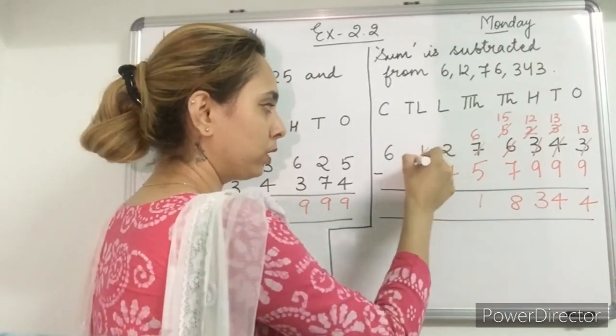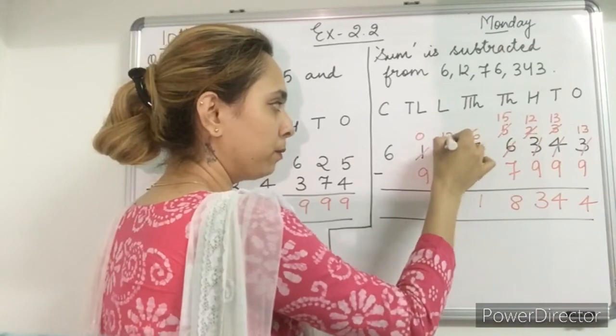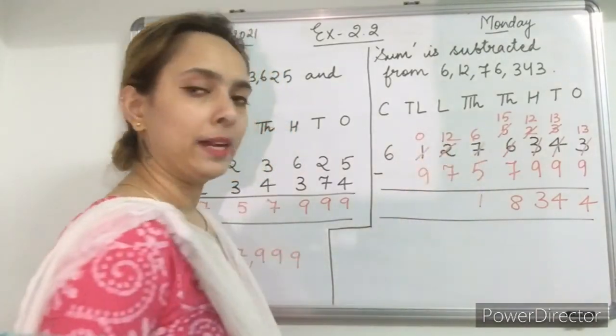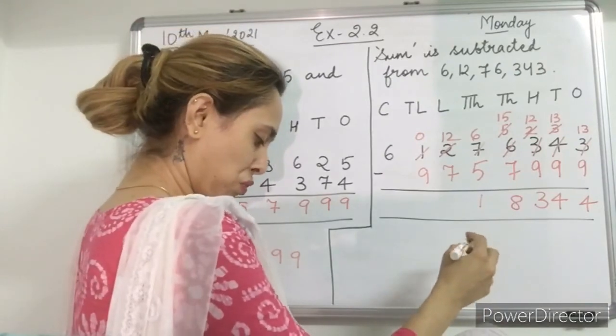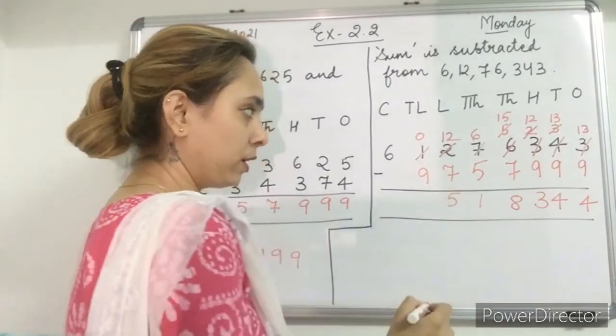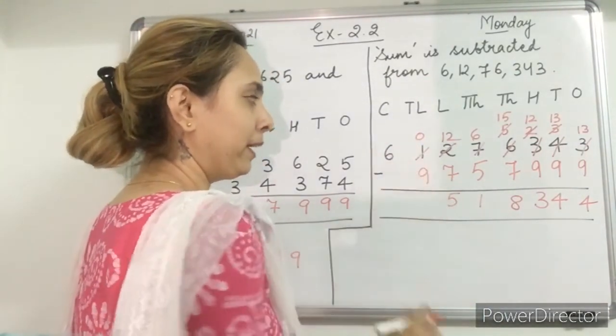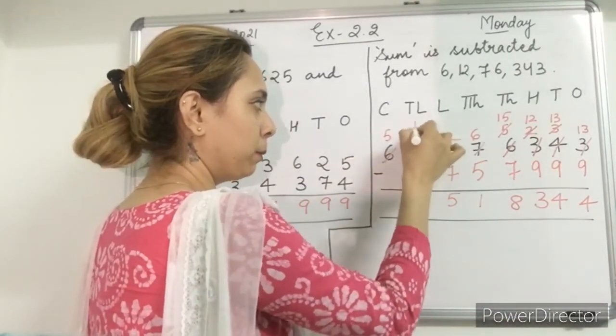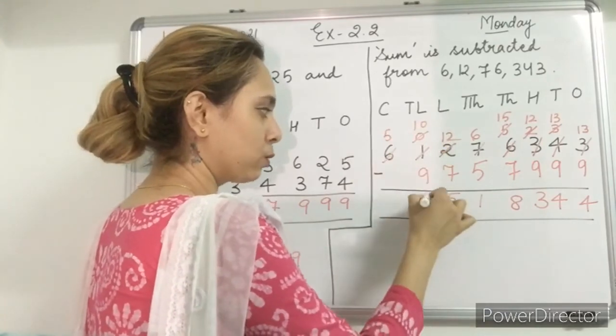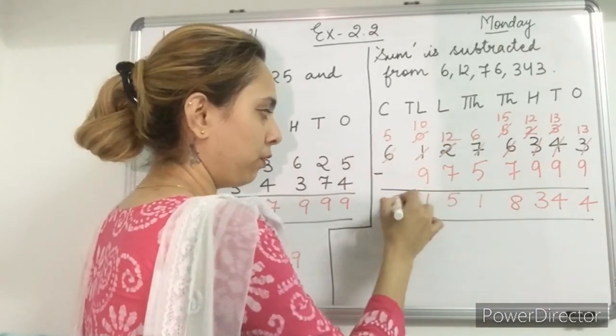So we will borrow. This will become 0 and this will become 12. So 12 minus 7 will be 5, and here 0 minus 9 is not possible, so borrow from 6, it will become 10. 10 minus 9 is 1 and 5.